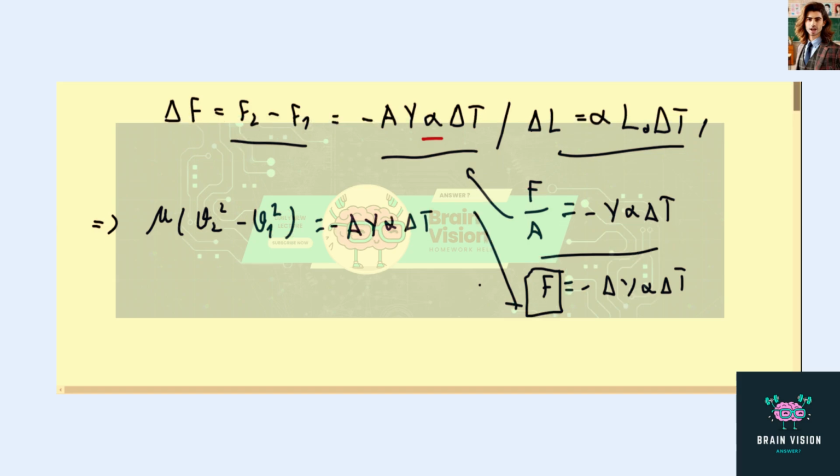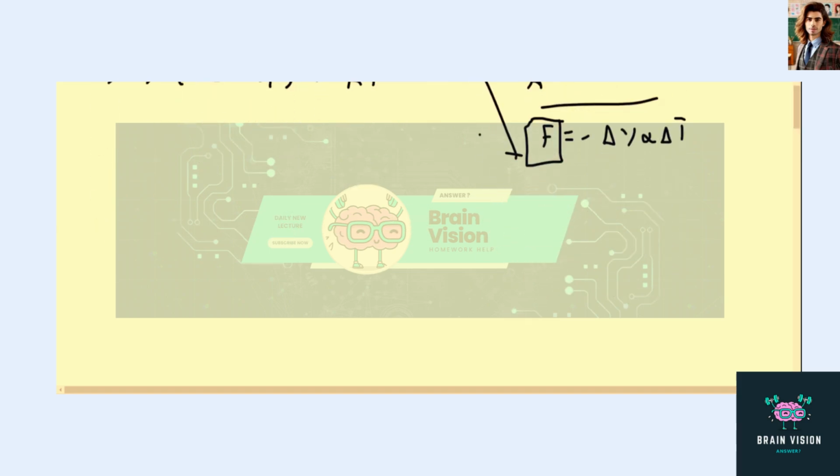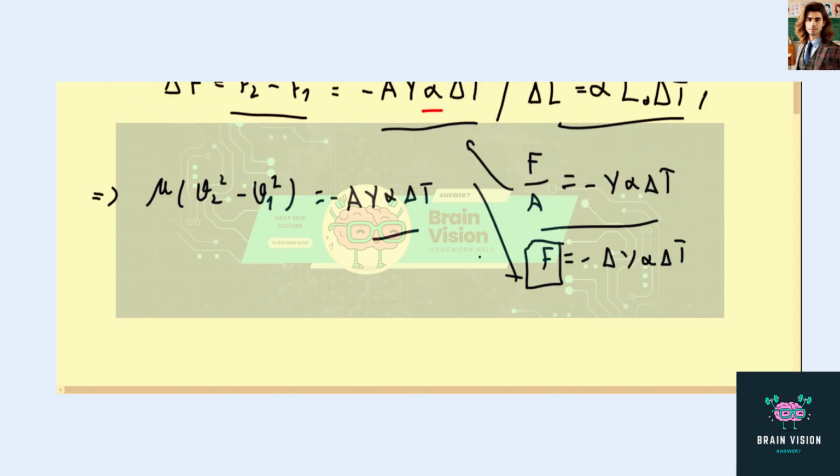So clearly, from that formula and from this expression here that we obtained, we can say that alpha equals the linear density times the difference of the squares of propagation velocities, over negative A, Young's modulus, and the change in temperature.